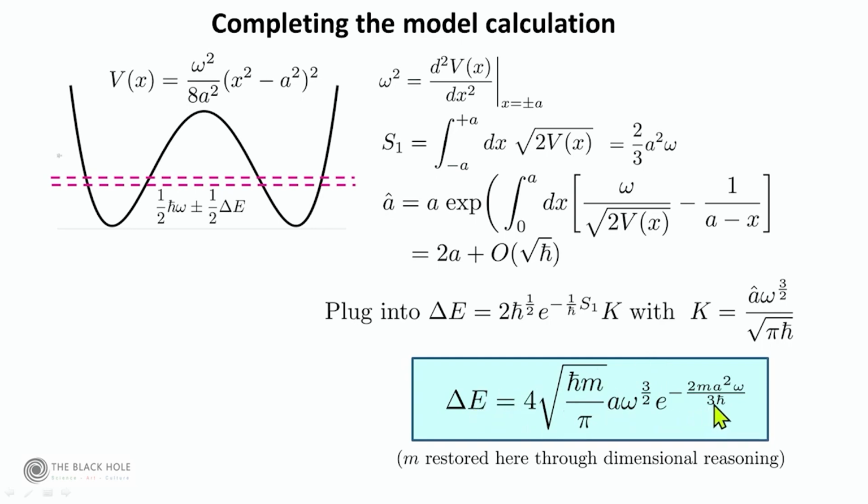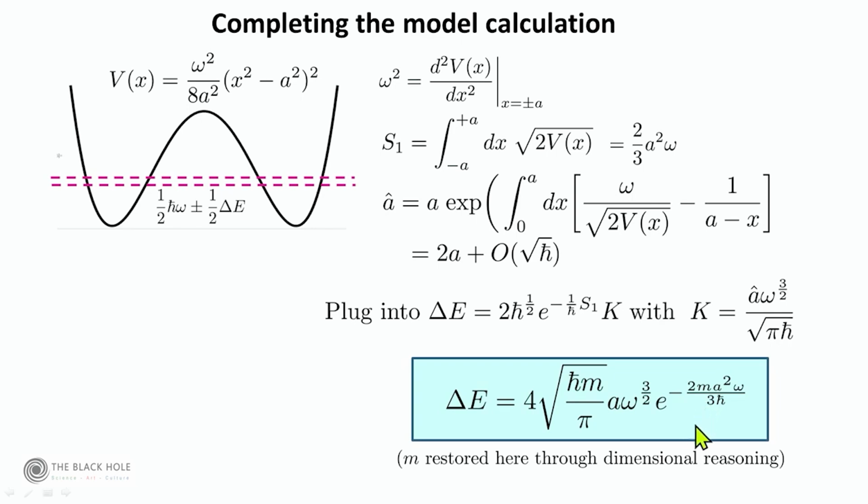And this will become more and more accurate as h bar goes to 0, which means that this term dominates. I mean, imagine you were to take the logarithm of delta E, then you'd have the logarithm of this, and then you'd have the logarithm of this, which would be something of order 1 over h bar.